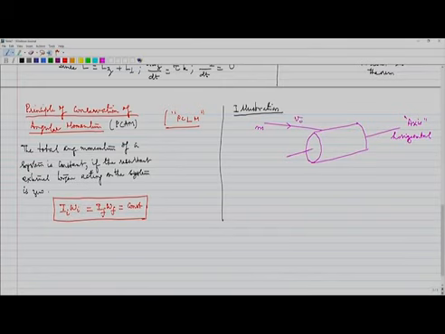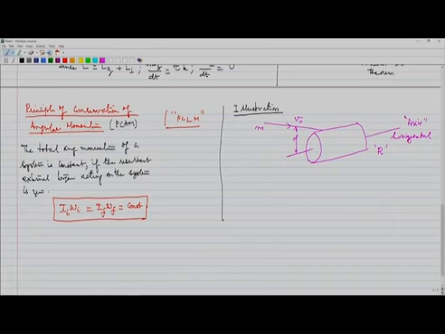Okay, so the direction of the bullet is perpendicular to the horizontal axis, and it meets the cylinder at a particular distance. Let us say the distance is D. The bullet hits the cylinder at a distance D from the axis, and R is the radius of the cylinder.